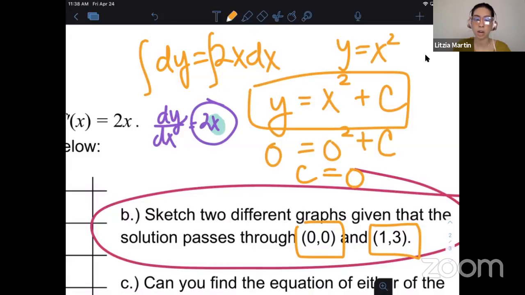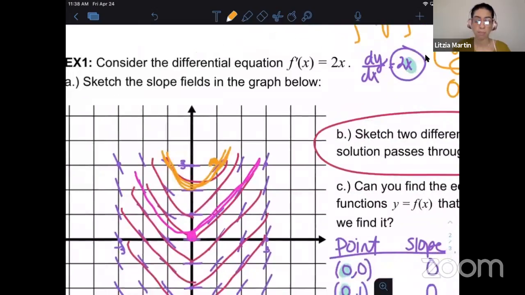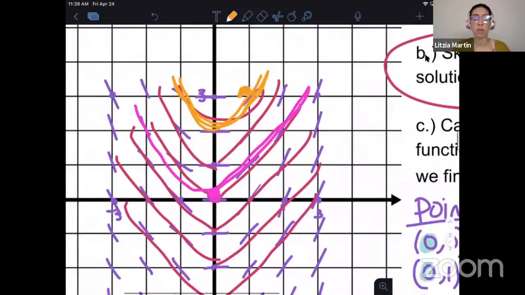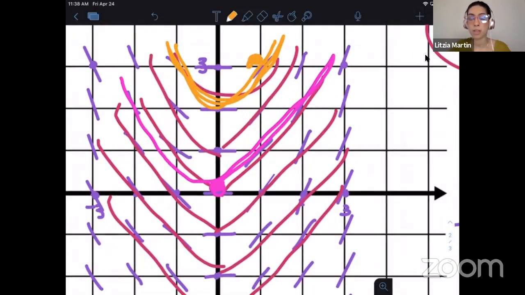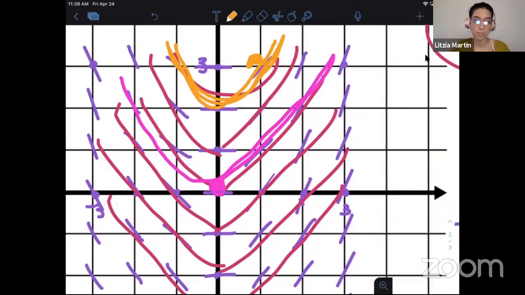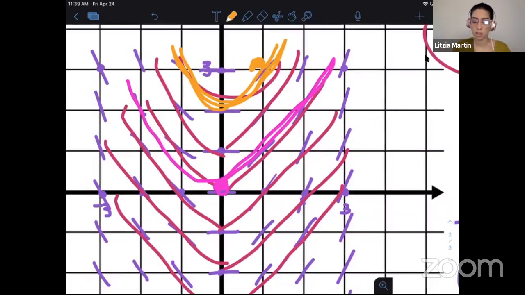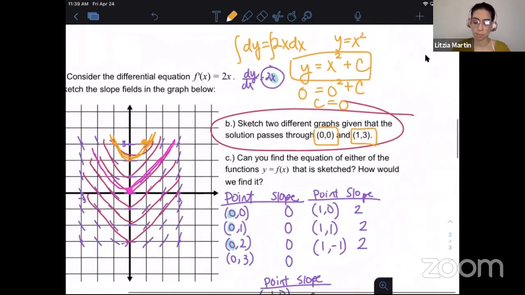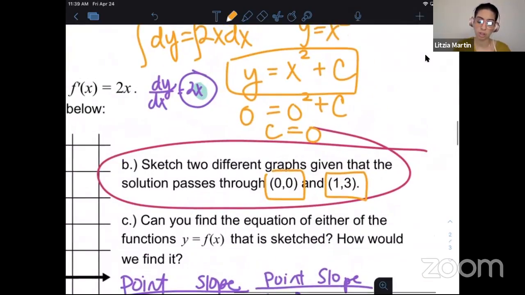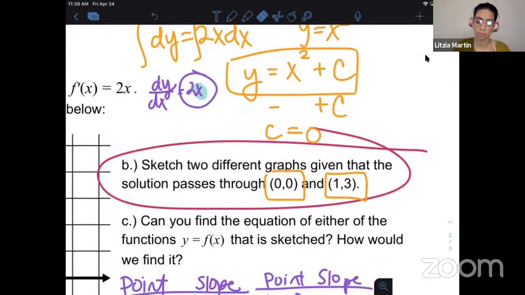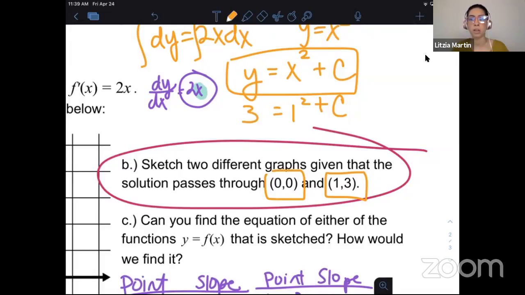And take a look here. Look at what we have in pink. That's the one going through 0, 0. What is the equation of that parabola? It's y equal to x squared, right? Let's take the point 1, 3, and plug that into our general solution here. Our 3 is y, x is 1, so c would have to equal 2.